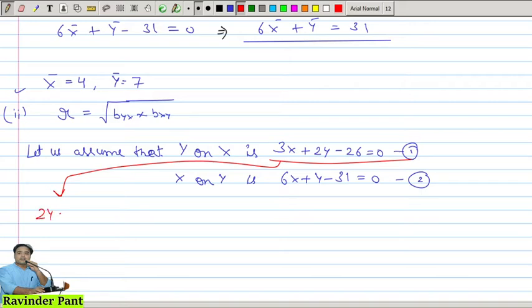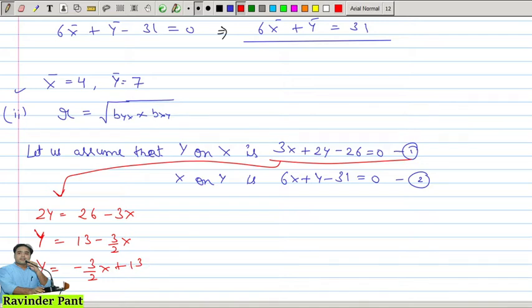2y is equal to 26 minus 3x, and y is equal to 13 minus 3 by 2 x. So this is the regression equation; we can rewrite it as y is equal to minus 3 by 2 x plus 13.